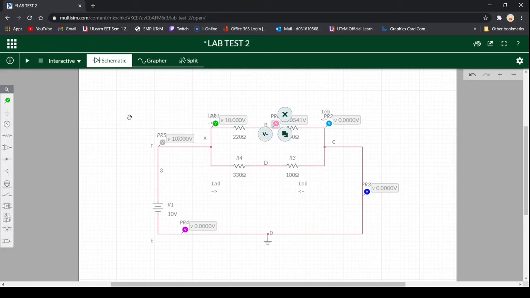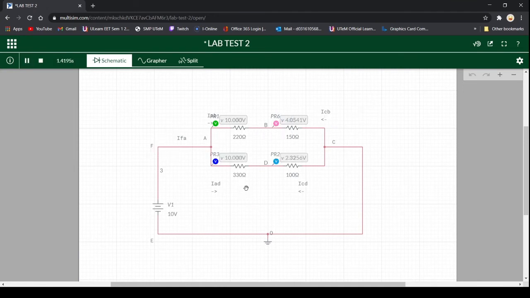Next for ABDA. For ABDA, we put 4 probes, one at A, one at B, one at D, and one at A again. So we get the value of 26.379 volts.